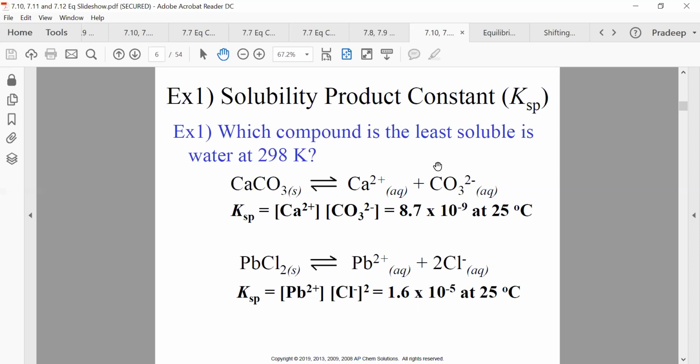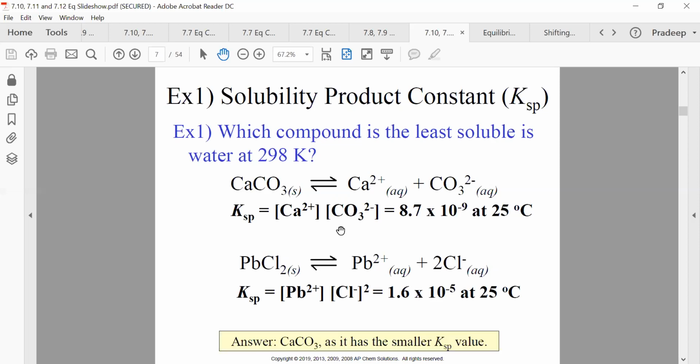They are asking here for least solubility. So 8.7 times 10 raised to minus 9 is obviously much lower than 1.6 times 10 raised to minus 5. So CaCO3 is less soluble compared to lead chloride in water. The answer is CaCO3 as it has a smaller KSP value.